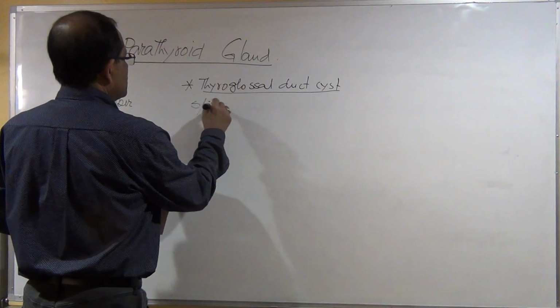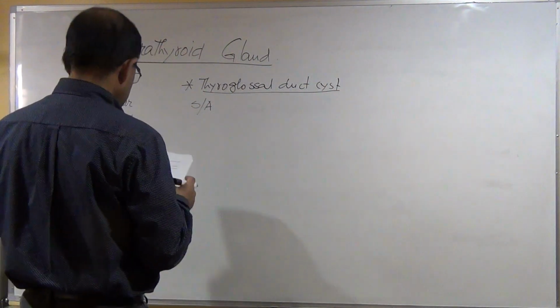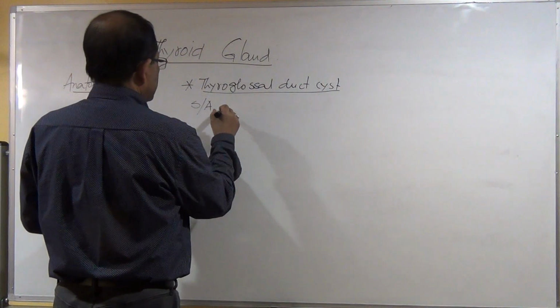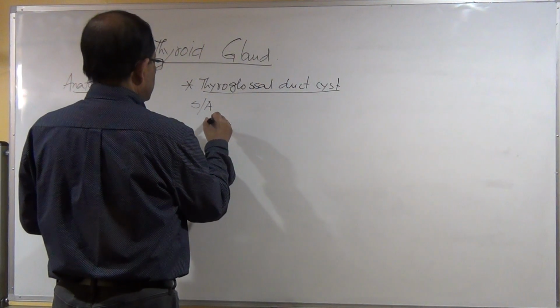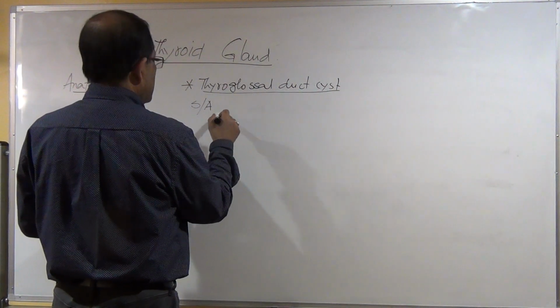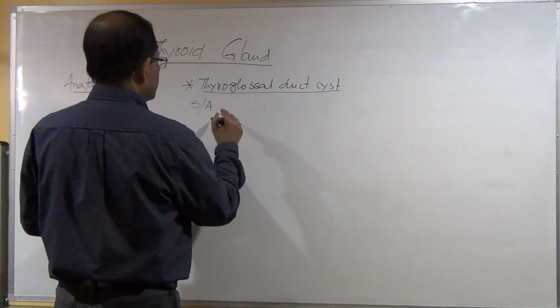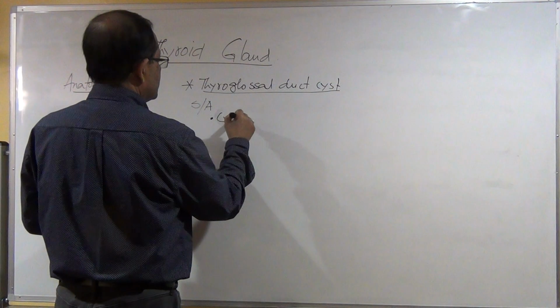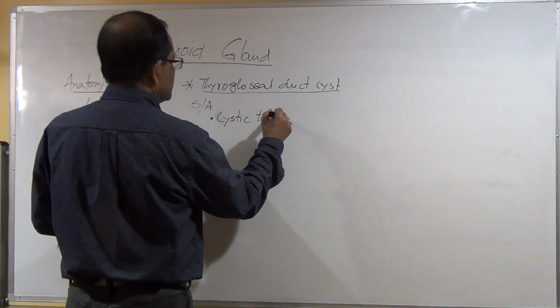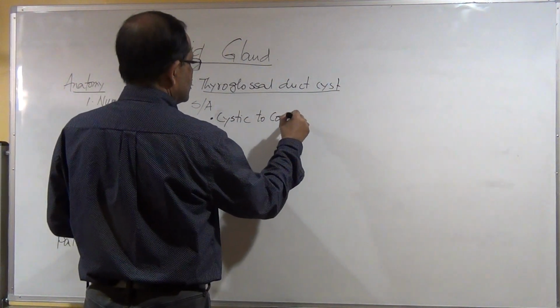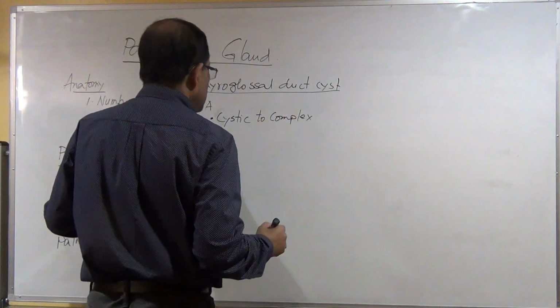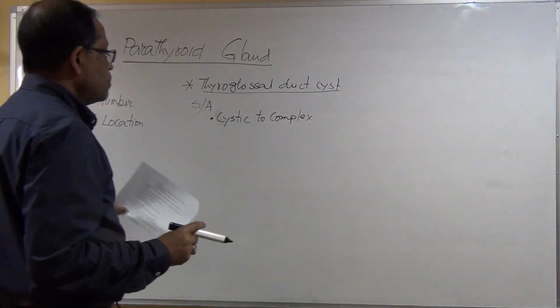Sono appearance of the thyroglossal duct cyst: cystic to complex.